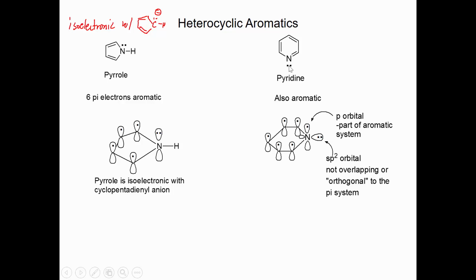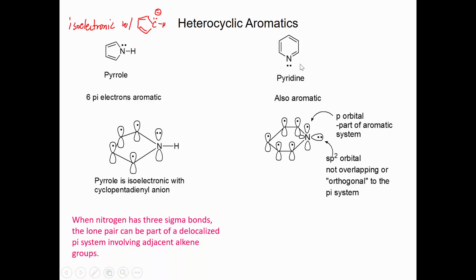All right, so we can sum it up with a couple of rules here. When the nitrogen has 3 sigma bonds, the lone pair can be part of a delocalized pi system involving adjacent alkene groups.